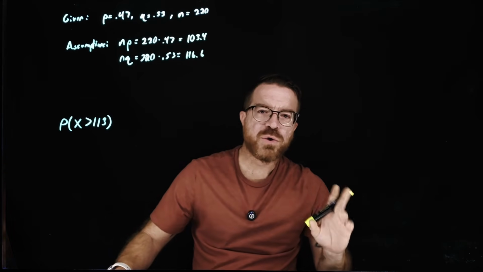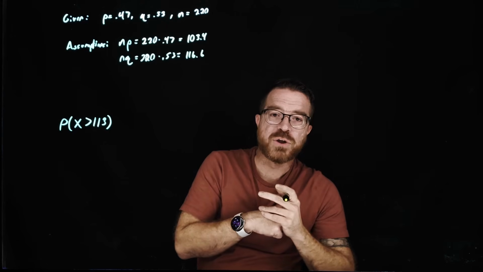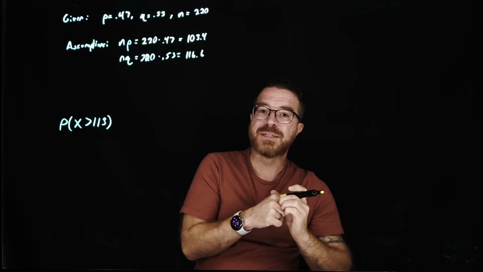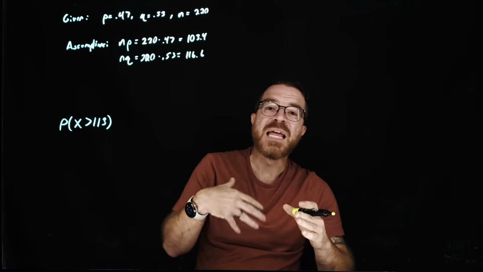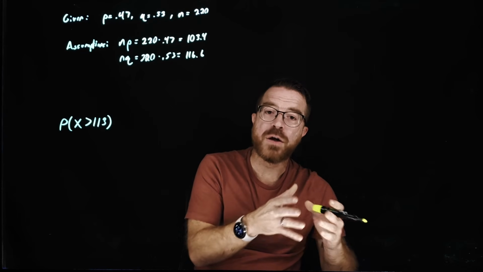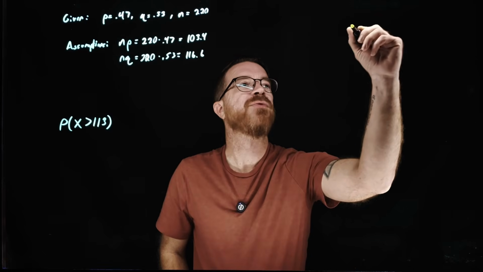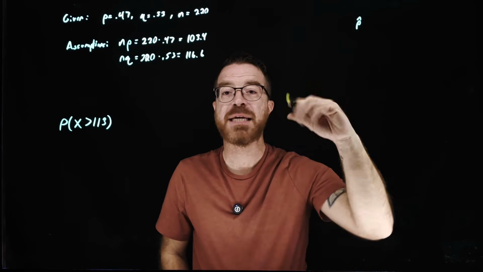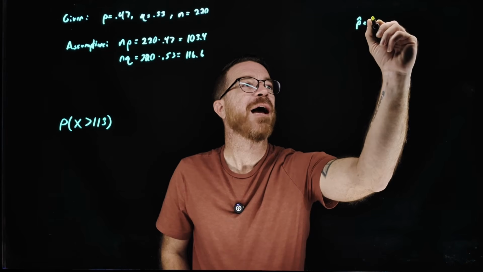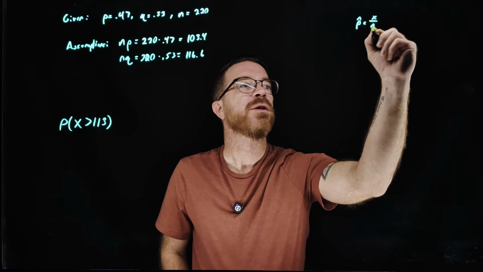Now, I want to make two quick points when you're checking these assumptions. There is one alternative: if in the problem you were given the raw numbers, how many people said yes and how many said no, you would find your p using p hat, estimating it as the number who said yes over the total number.